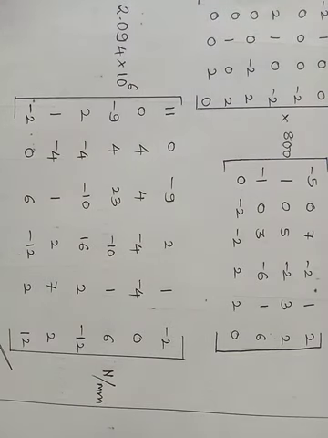In such kinds of problems we should be careful, because there are too many matrix multiplications, and if we are using the FX 991 MS, which most of the students use, then it is difficult to multiply these matrices, because there is a constraint that in the FX 991 MS we can only multiply matrices of the order 3 into 3.